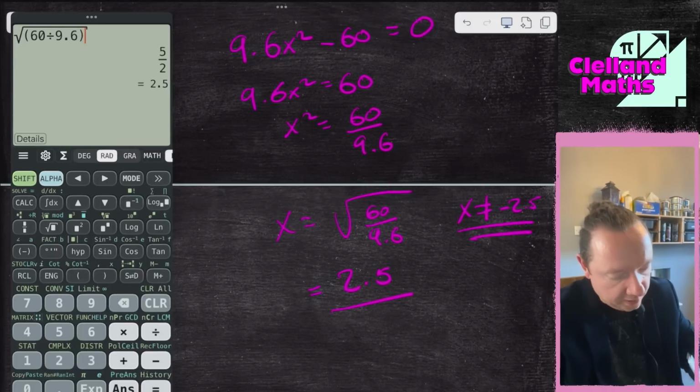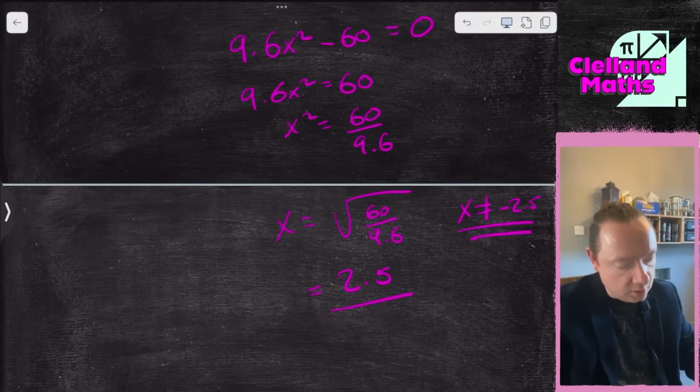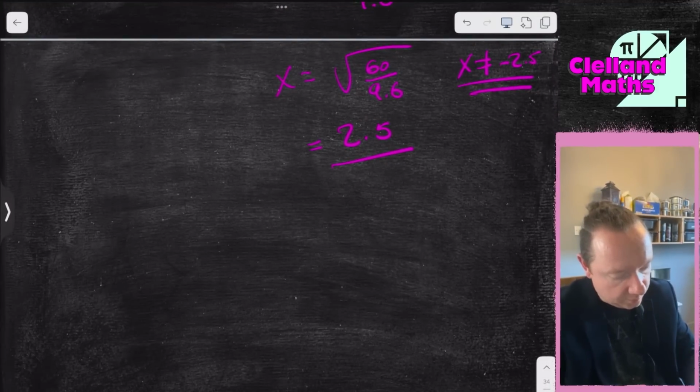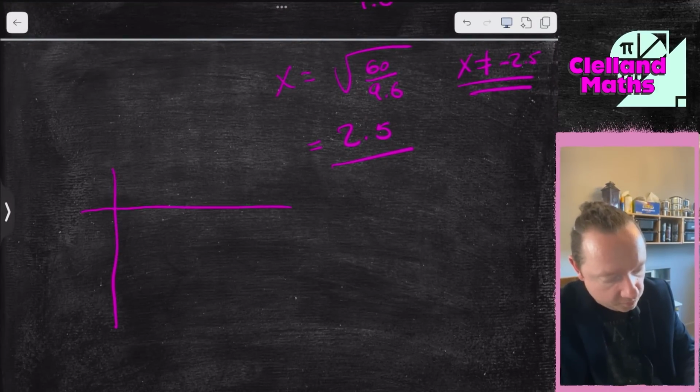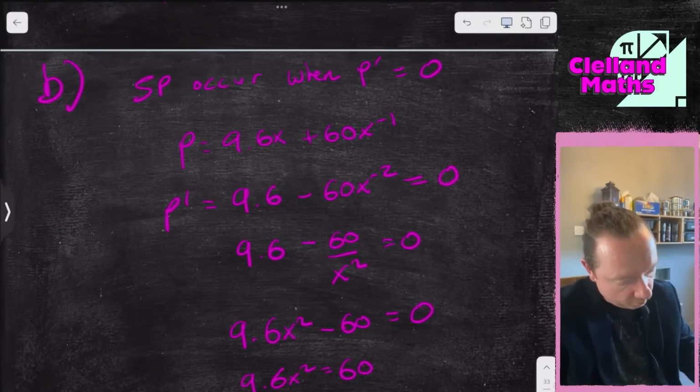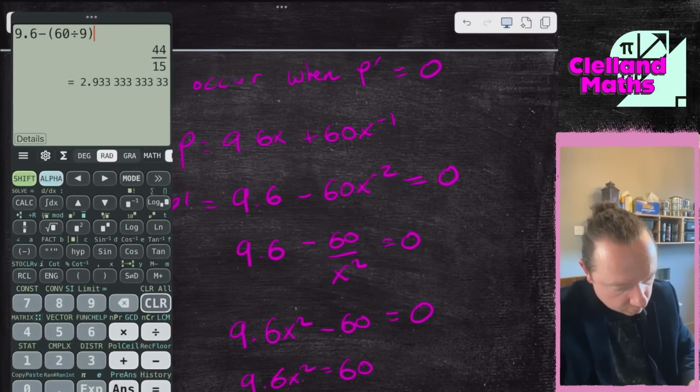Okay, so it is 2.5, and then we have to minimize the perimeter, so we actually have to sub that back in. But before we do that, we need to do a nature table to check that it's a minimum. Along to 2.5 and along, P dash, just pick 2 and 3, say. So subbing in 2, we get 9.6 minus 60 over 2 twos is 4.